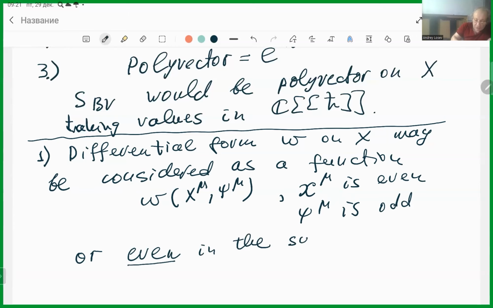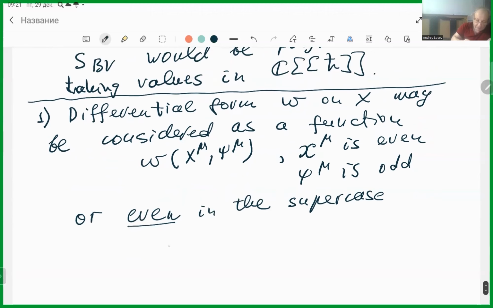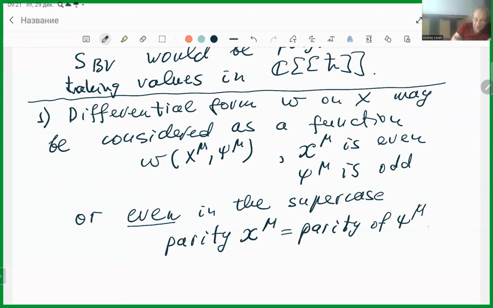In the super case, the parity of x mu equals the parity of psi mu plus 1 modulo Z2.